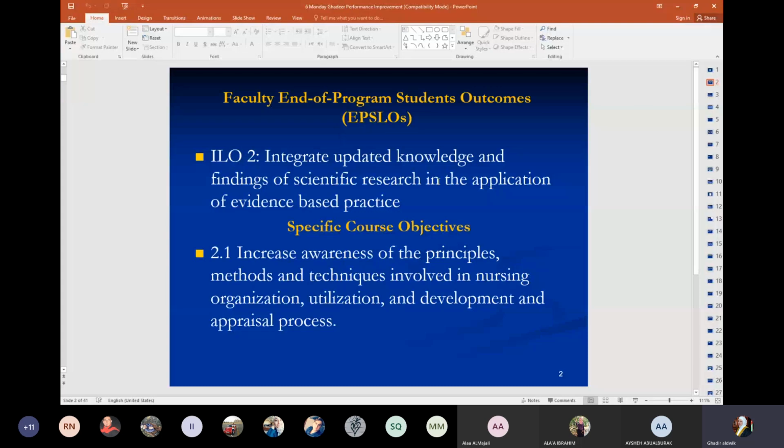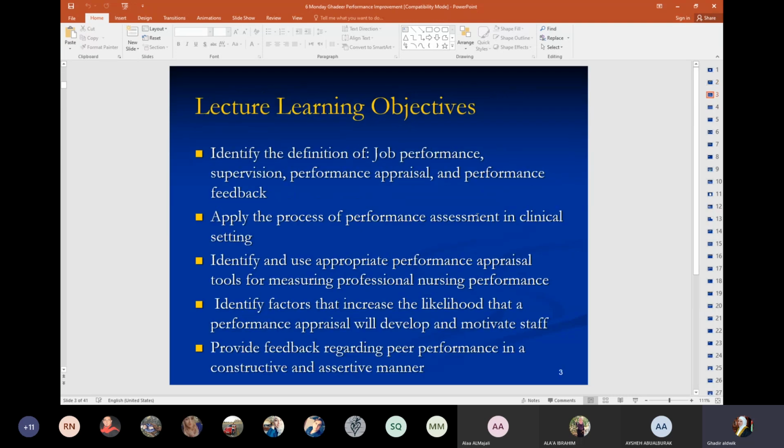Our specific objectives will be to increase the awareness of students about the methods and techniques involved in nursing organization, utilization, and development and appraisal process. The learning objectives for our lecture today are to identify the definition of different concepts in performance improvement, such as job performance, supervision, performance appraisal, and performance feedback.